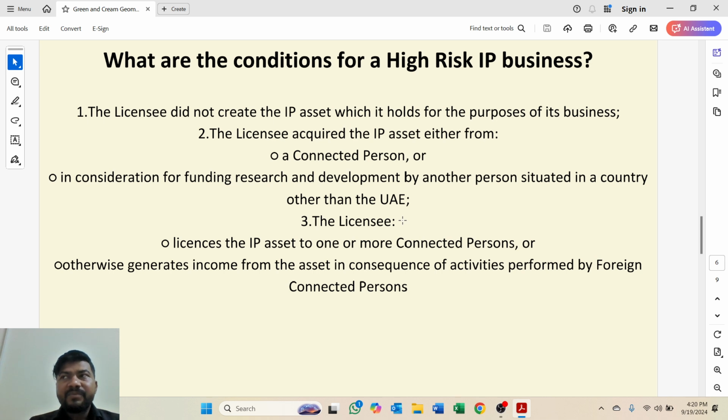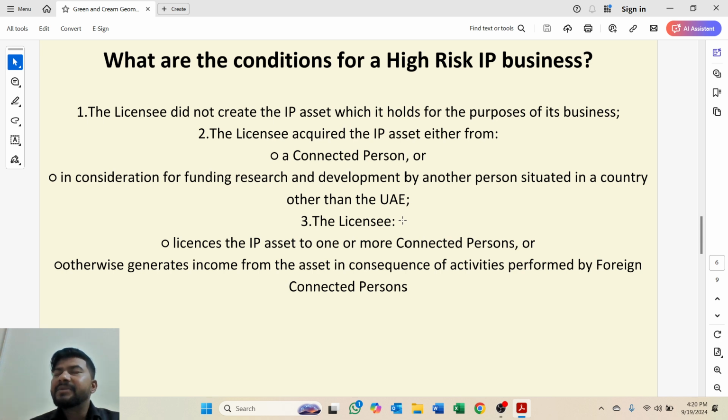Another option is that they have acquired the assets from a person in India who created that intellectual property, who is not necessarily a connected person.